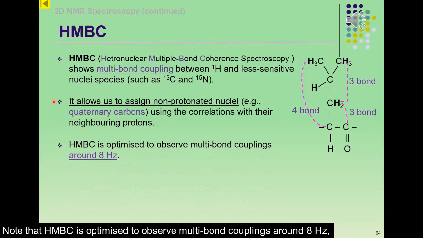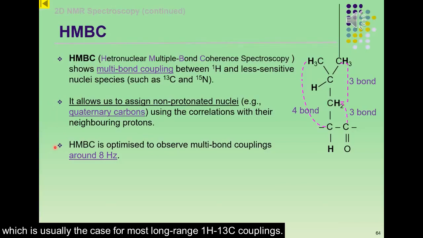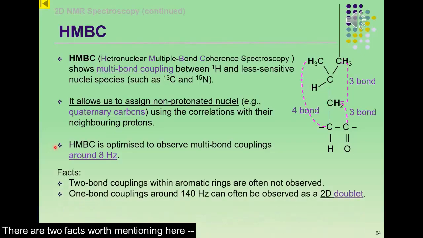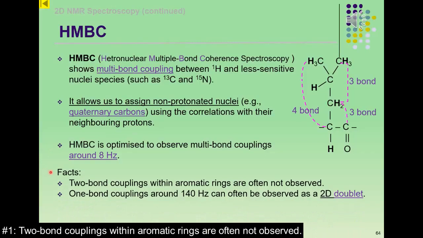Note that HMBC is optimized to observe multi-bond couplings around 8 Hz, which is usually the case for most long-range 1H-13C couplings. There are two facts worth mentioning here.